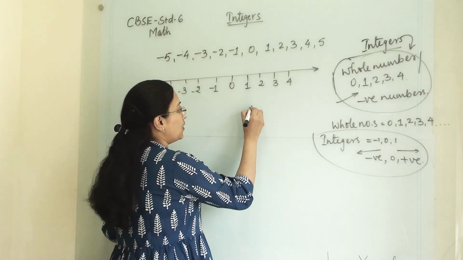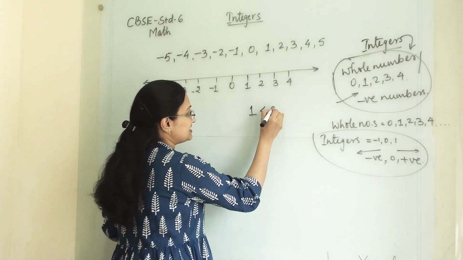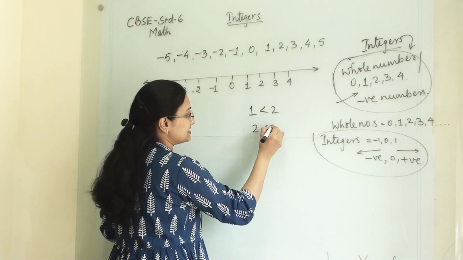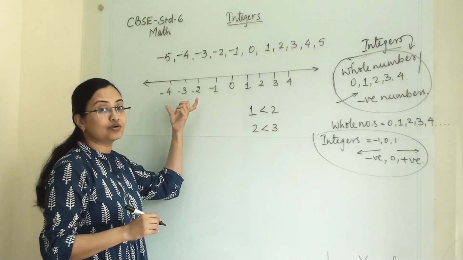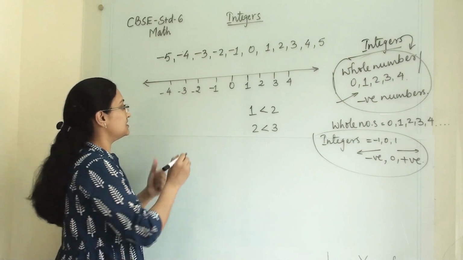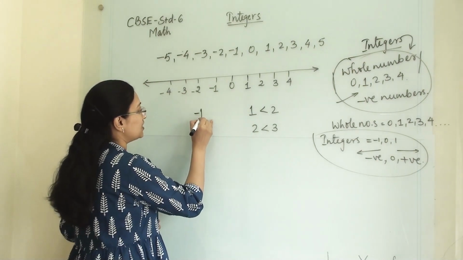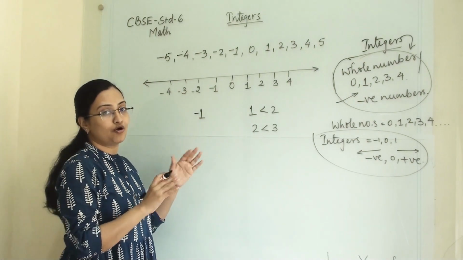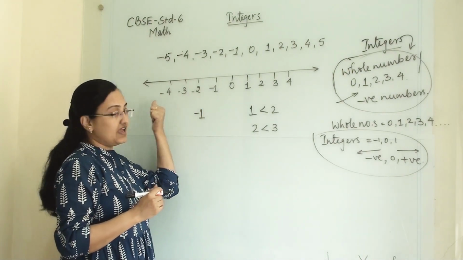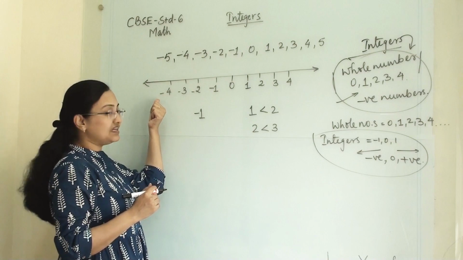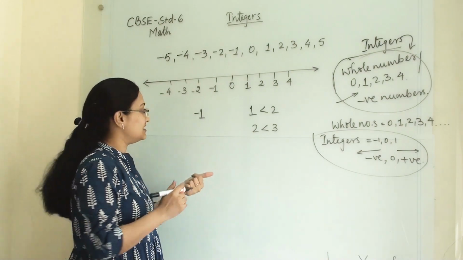We know about these numbers. 1 is lesser than 2, 2 is lesser than 3 and so on. But when we are talking about negative numbers, then -1 is the biggest number of all. As you are going towards the left side, as the number increases, its value will decrease.